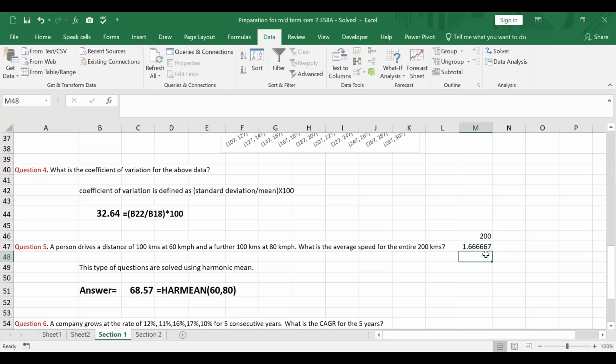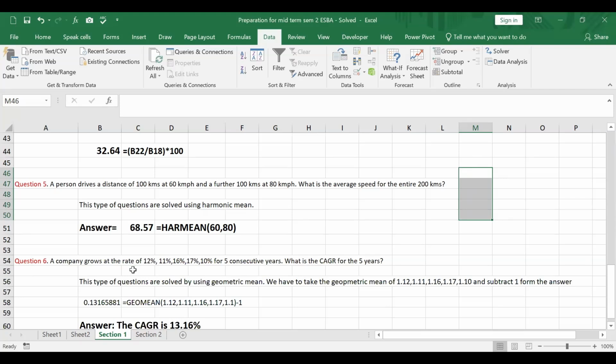Time taken for the second leg is 100 by 80. The total time taken is the sum of these two. So the average is the total distance traveled divided by the time taken. That comes to exactly 68.5. So instead of going through all these steps, the harmonic mean does it in one go.